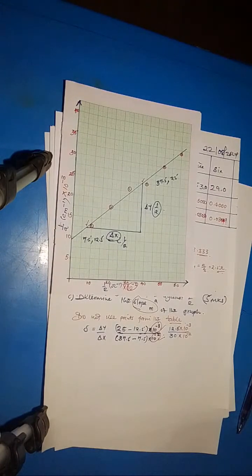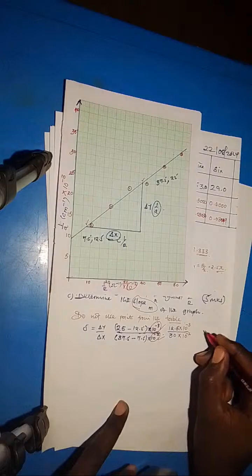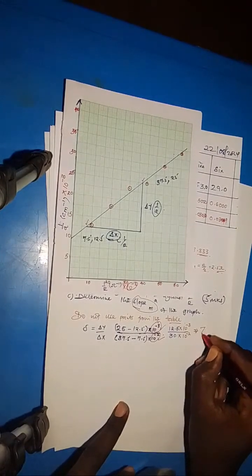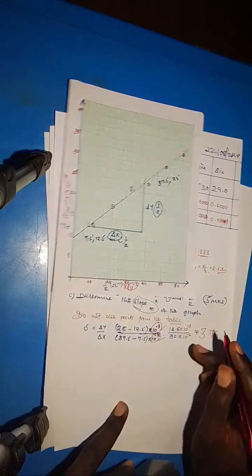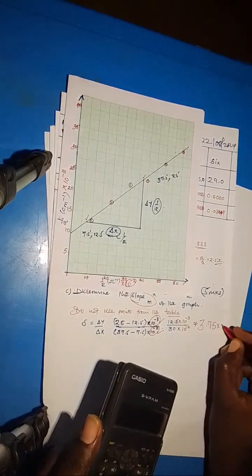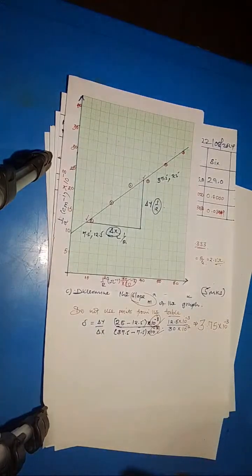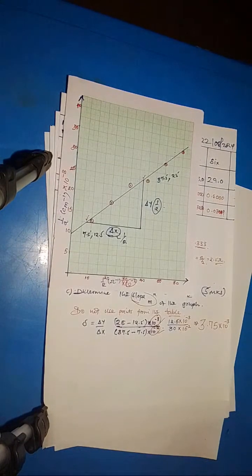Then now I'll have 12.5 times 10 raised to power negative 3 divided by 30 times 10 raised to power negative 2. And this will give me 3.75 times 10 raised to power negative 3. That is what my calculator is giving me.